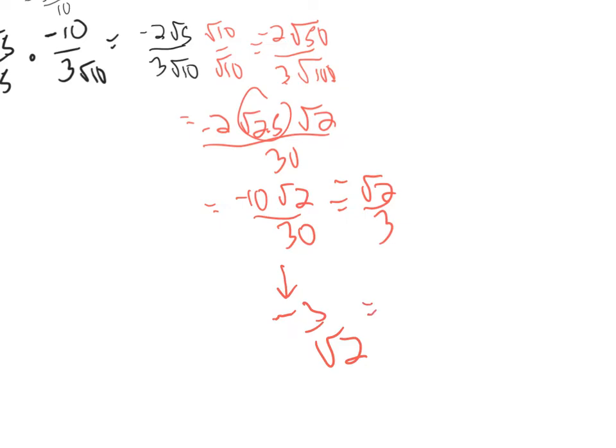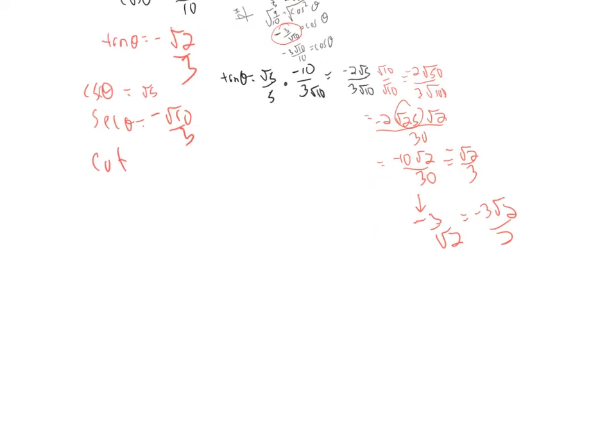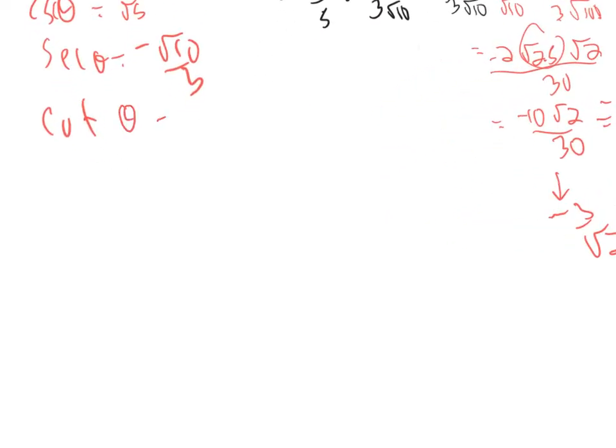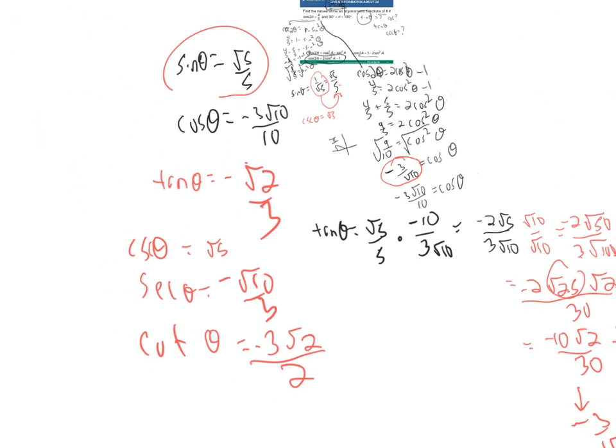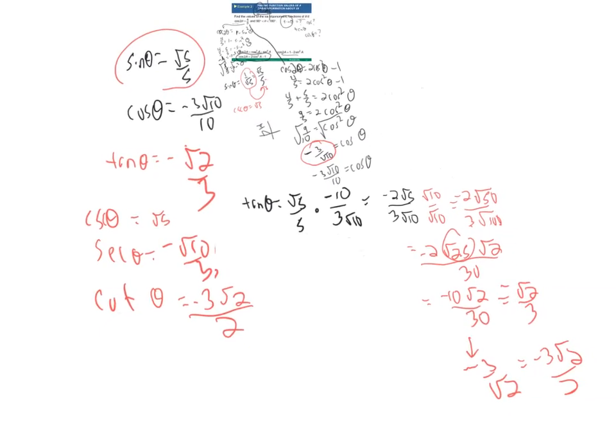That'd be a negative 3 square roots of 2 over 2. That's a lot of work. But if you could do that problem, then you understand how to decompose a double angle identity and create the half.